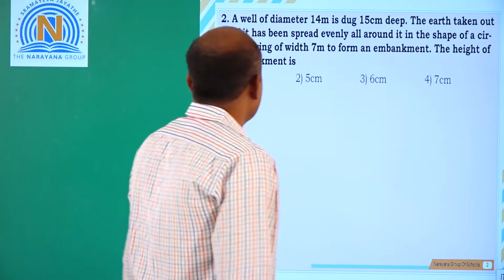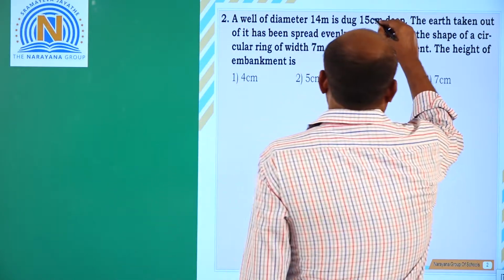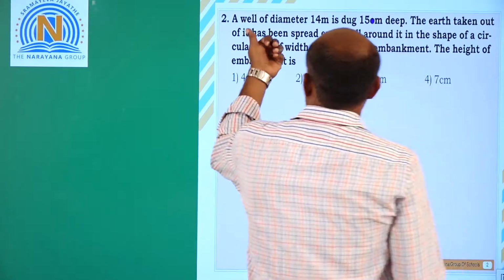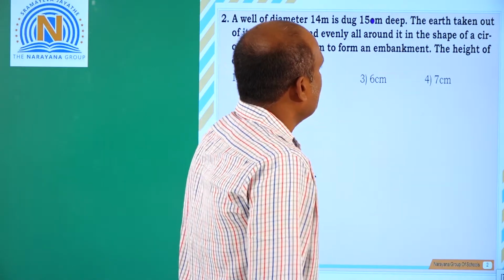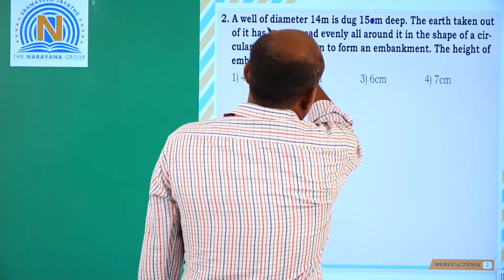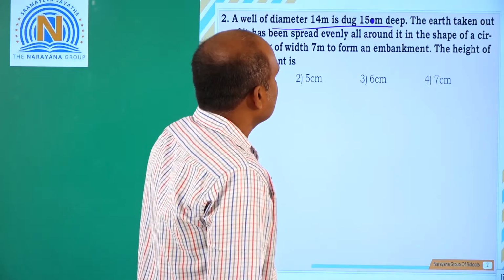The height of the embankment is. A well of diameter 14 meters is 15 meters deep, so this is in cylindrical shape. The well is in cylindrical shape.